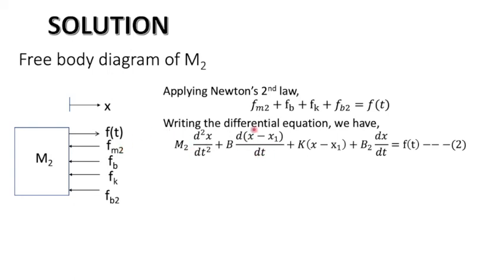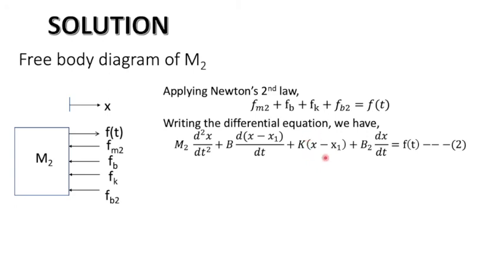Notice here also that this dashpot and spring, which is common to both, has a net displacement. When drawing the free body diagram of M2, the relative displacement is the displacement of M2 minus M1. So we consider M2 as the dominant case here. The net displacement is the displacement of M2 minus the displacement of M1. Here also we consider the same.